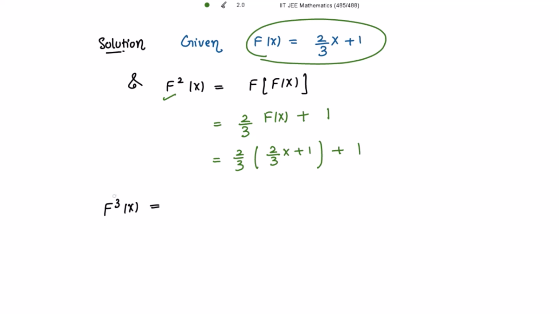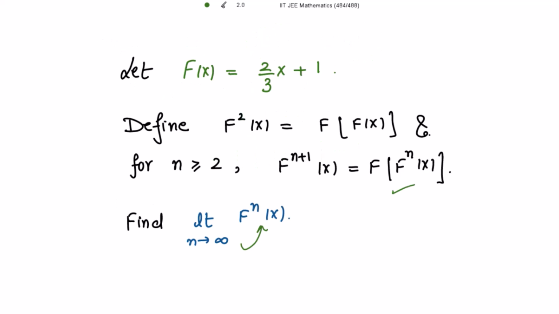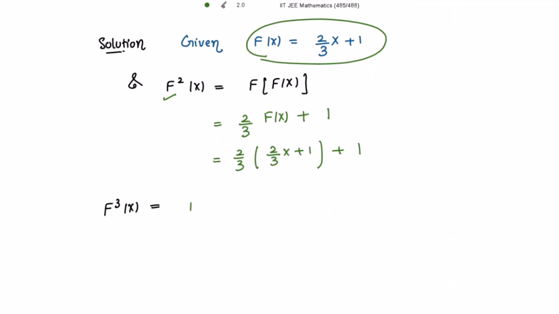And now finding f cube x. It is given to us that for n greater than or equal to 2, we should use this result. If I put n equal to 2 here, I get f cube x, which is equal to f of f square x.